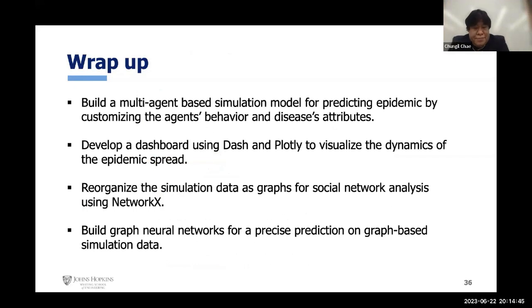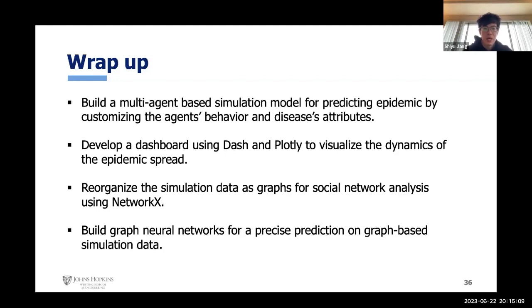Okay, so here is the wrap up. I think I've already finished the whole story. First, we built a multi-agent-based simulation model for predicting the pandemic and doing simulations, by customizing every attribute of agents, disease, evacuations, and some precautionary measures.